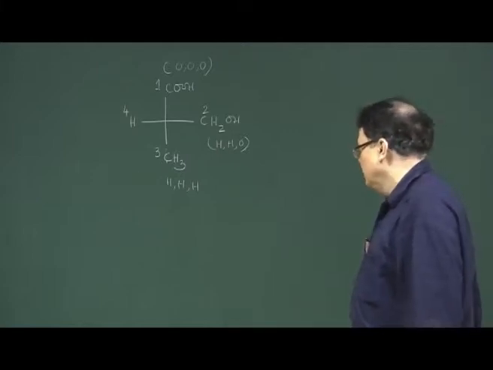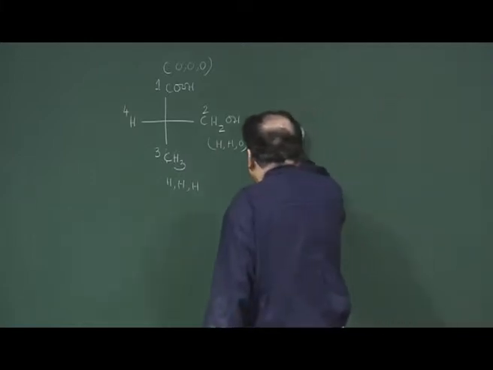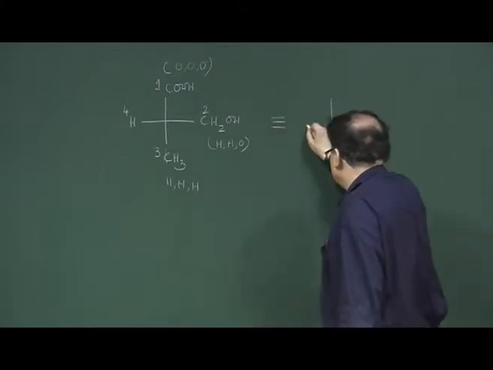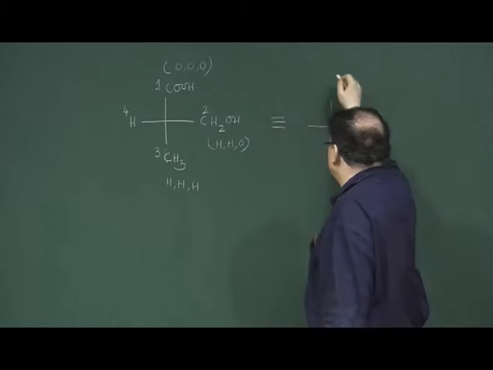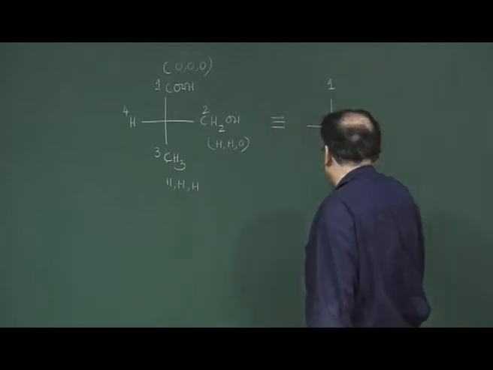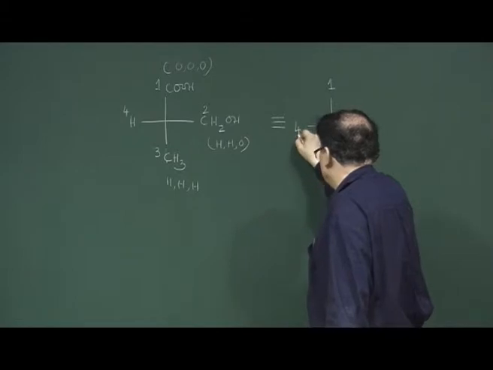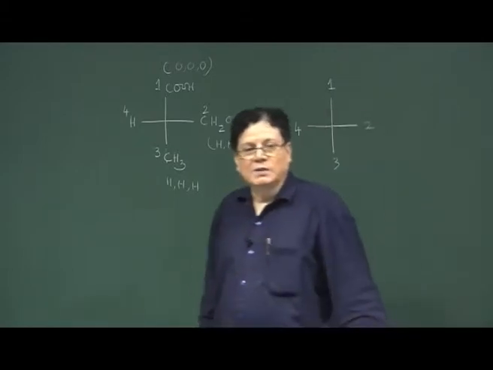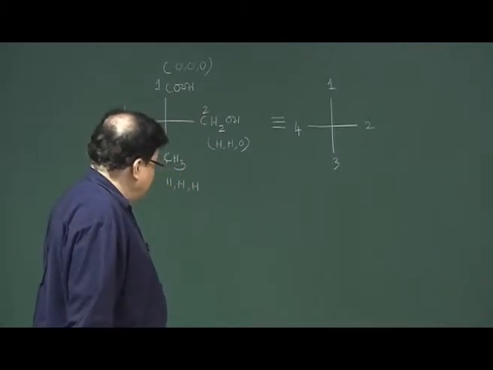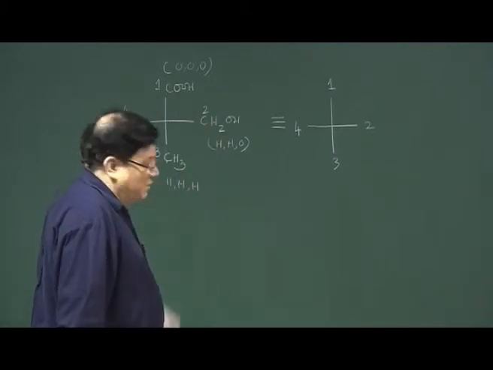Okay. So, after assigning the priority sequence, you write in a simpler form, do not write the groups, just say that number 1 group is here, number 2 is here, number 3 is here, number 4 is here. Okay. And now try to find out what the configuration is.